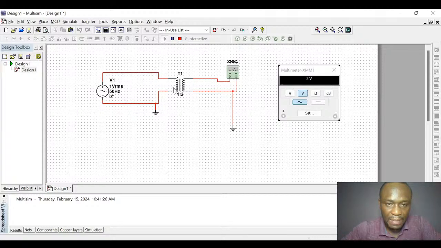Because at the primary side we have 1 turn, and we are giving 2 at the secondary. The primary side is 1 volt, but because we have 2 turns of wire at the secondary side, it is going to multiply this mutual flux by 2, and we have 2 volts.